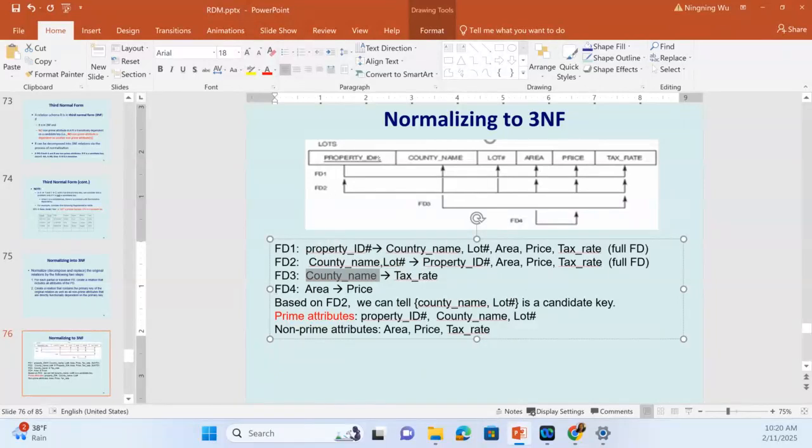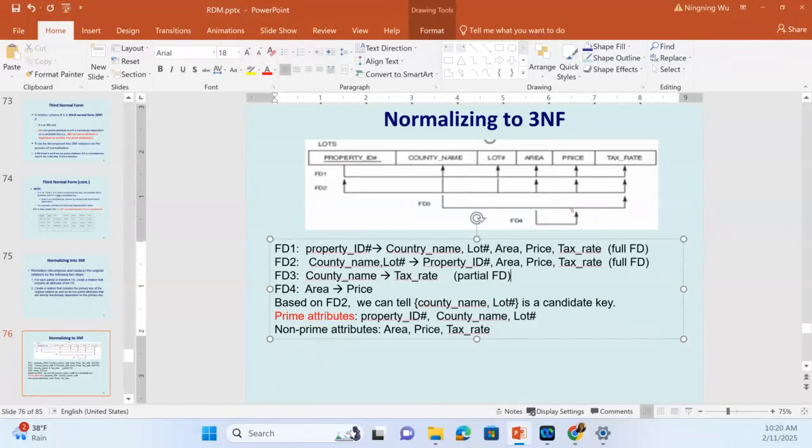We only have a single attribute, property ID, as a key. But county name is part of a candidate key: county name and lot number is a candidate key. Since county name is part of a key, not the whole key, in this case it will be partial. So FD3 is partial.